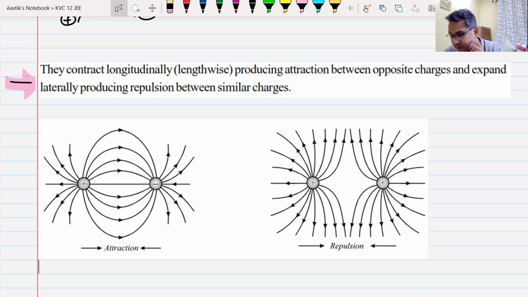Everyone noted this down? You see lateral repulsion and longitudinal contraction. You don't have to draw the diagram. It is just for you to understand, nothing else. I can't draw all these fancy diagrams. That's why I show you this diagram so that it looks good. Nothing else. Shall we move ahead?